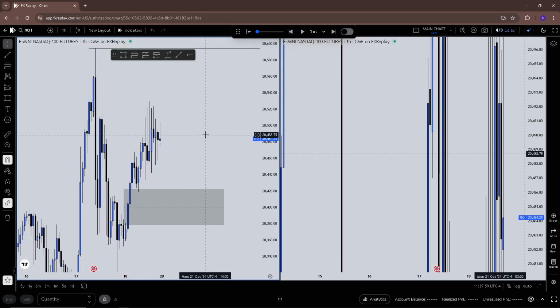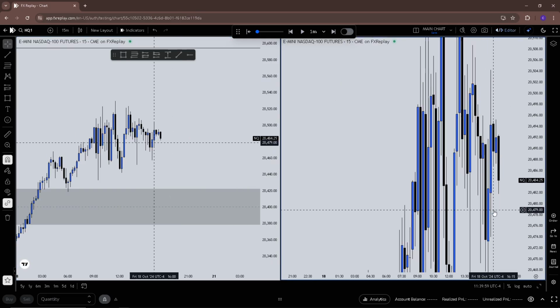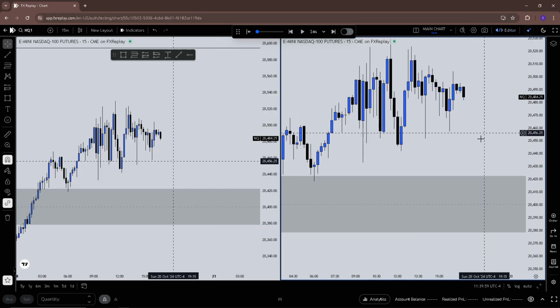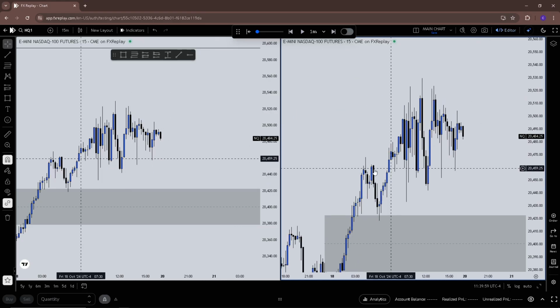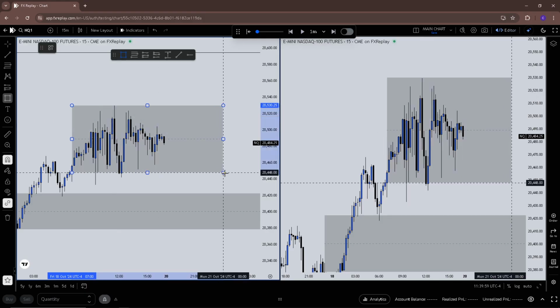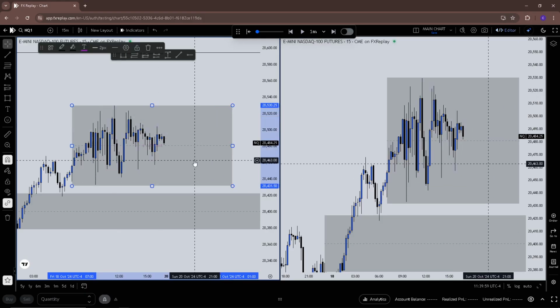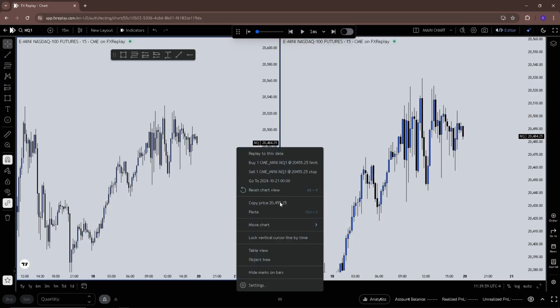Delivering out of this 1 hour. I mean, this just does not look like good conditions. We're trapped inside this range. This isn't even New York.